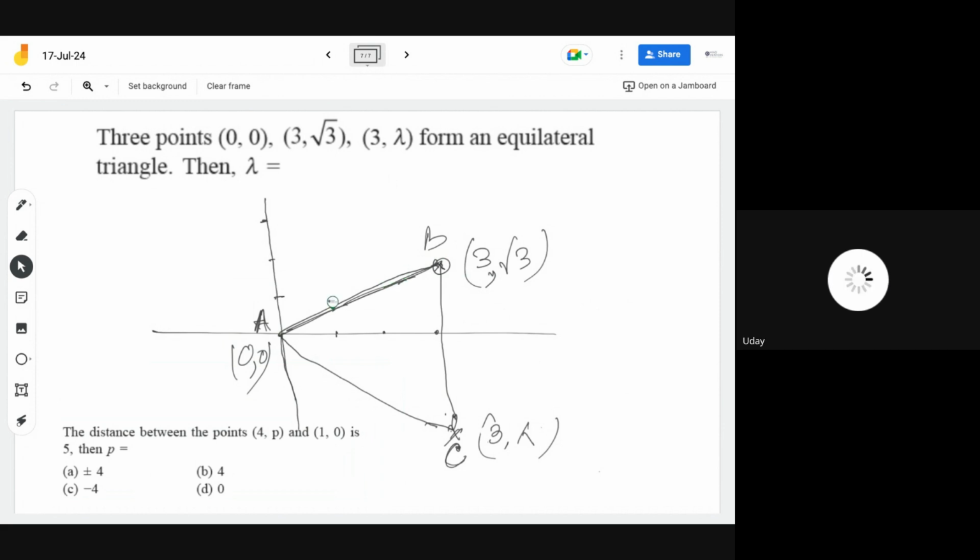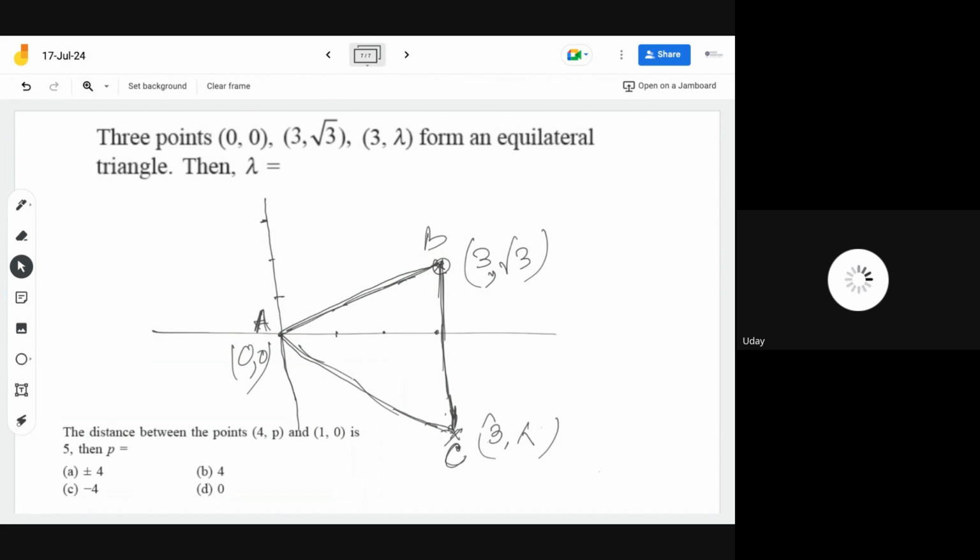So since the distance between 4, p and 10. Wait, is this for the question or the triangle? Pick any question. I'm taking the 4, p one. All right.